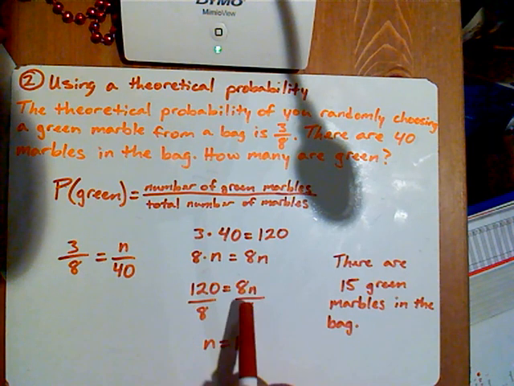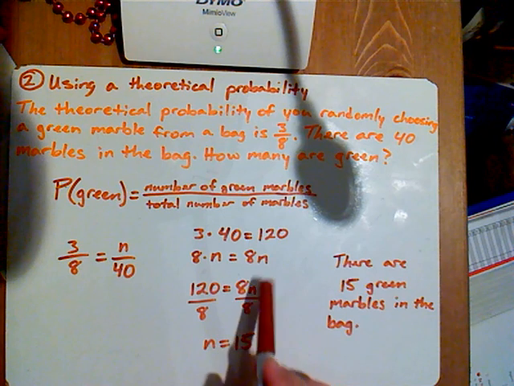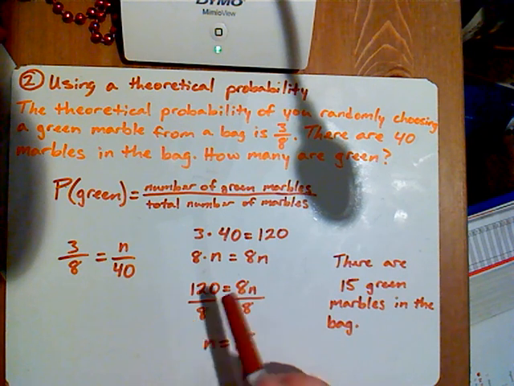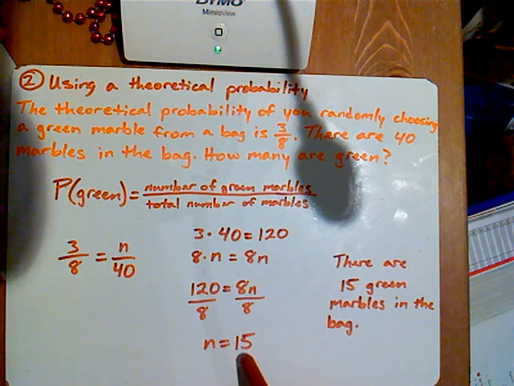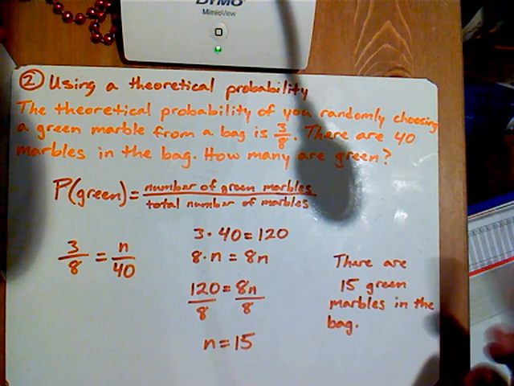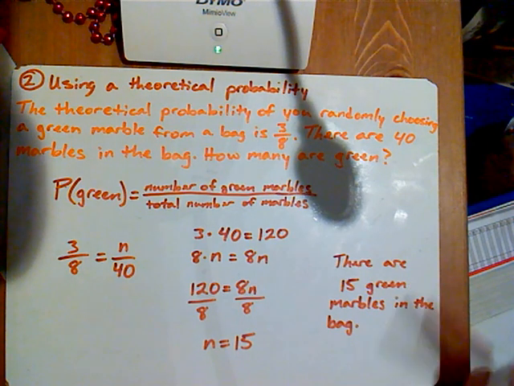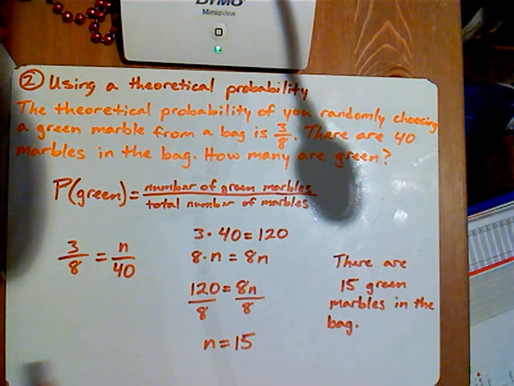So 120 equals 8n. We want that n by itself, so we're going to divide both sides by 8. And so our n equals 15. So that tells us that there are 15 green marbles in the bag. And that's how you use theoretical probability to solve a problem.